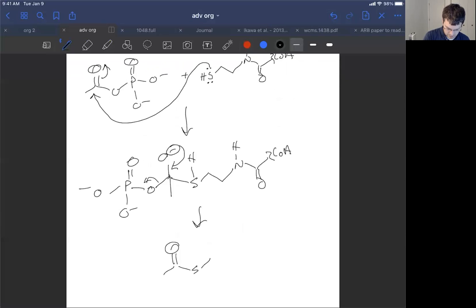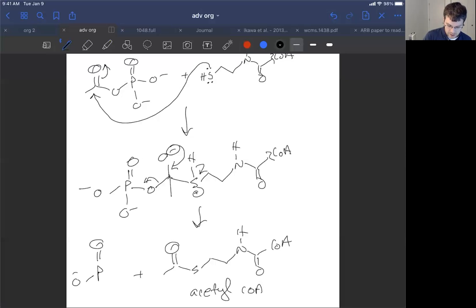And I'm also going to lose the sulfur's hydrogen, if you don't mind me losing that in the same step. And now we've got acetyl-CoA made ultimately from acetic acid, but we just had to use ATP to get to a reactive intermediate that could undergo the acyl substitution reaction.